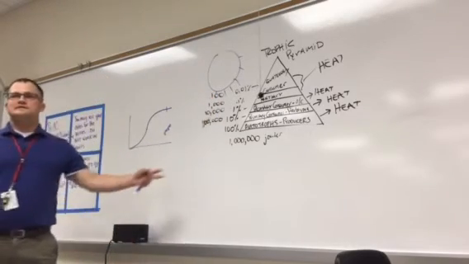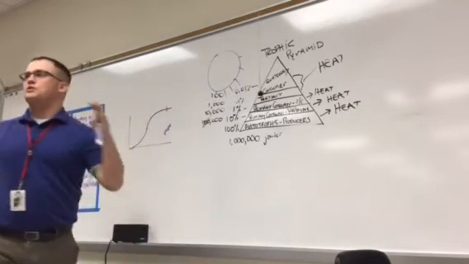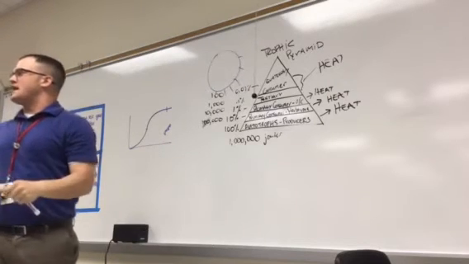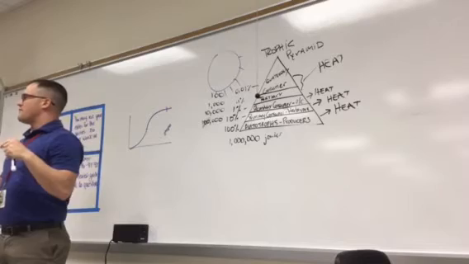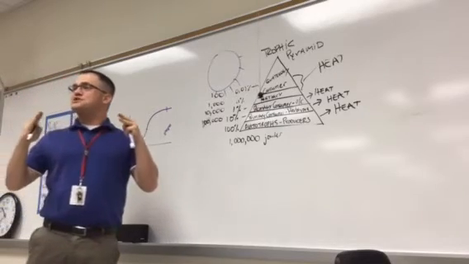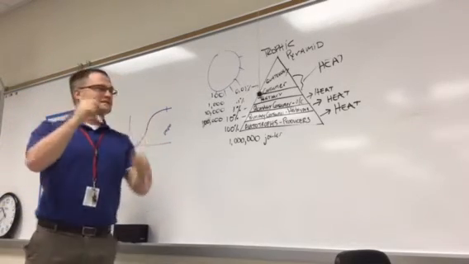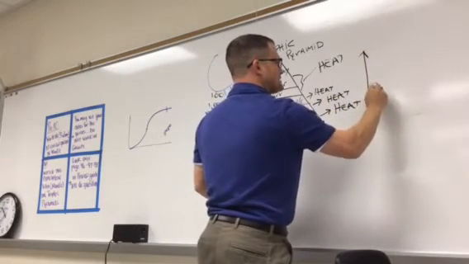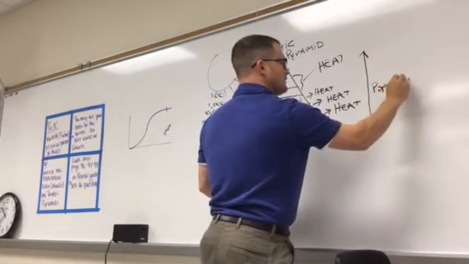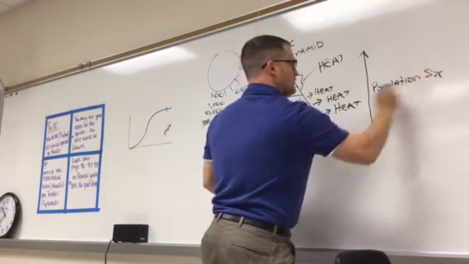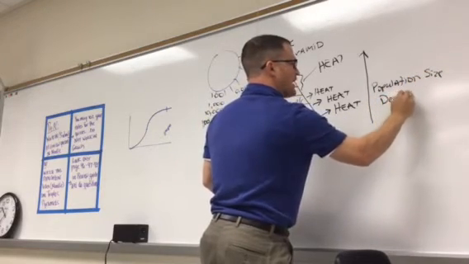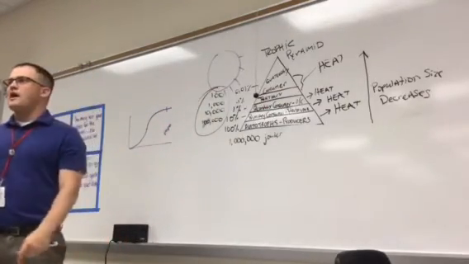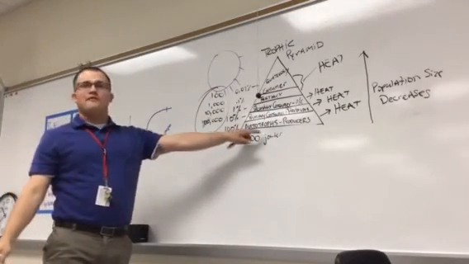So, looking at these, how much energy is available as you go up the pyramid, what could you say about the population size of individuals that occupy that pyramid as you move up? It gets smaller. So population size decreases. This is why, the amount of energy available is why in a given area you have a lot of autotrophs.